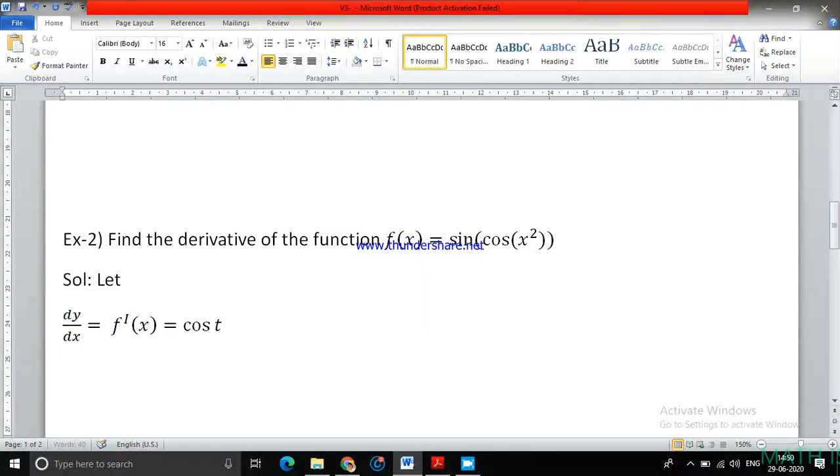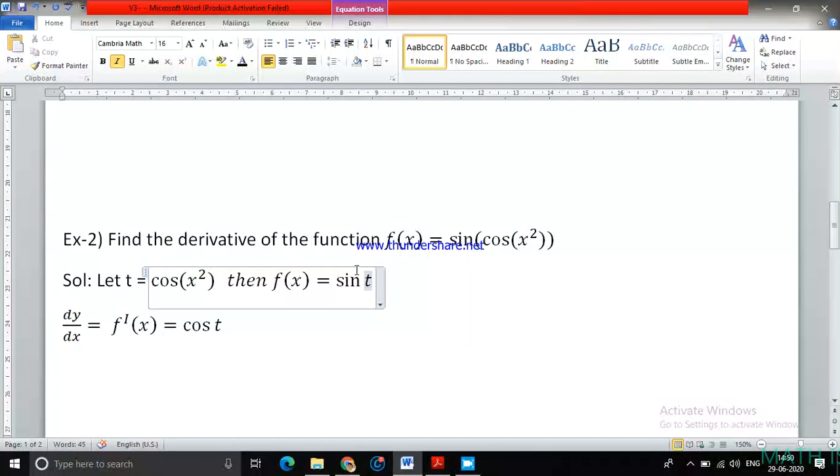Solution. Let t equals to this cos x square. Okay. So then your f of x will become sin t, because cos x square I have taken as t.